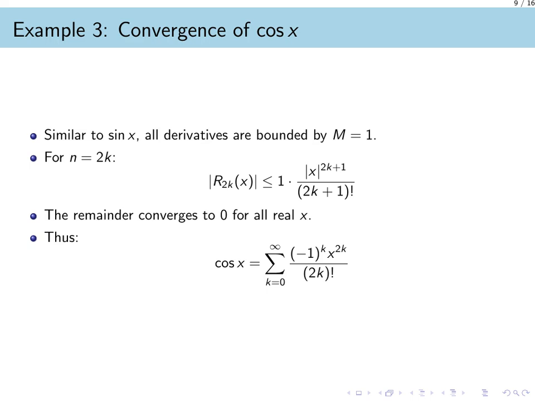As we let k go to infinity, this upper bound on our error goes to 0 for any fixed value of x. Because the remainder term vanishes, the infinite series for cosine converges to the function itself for every real number x.